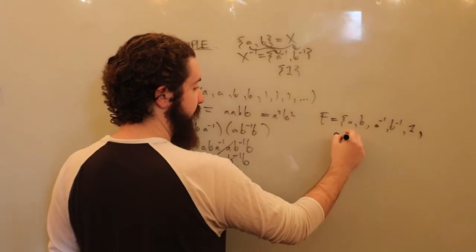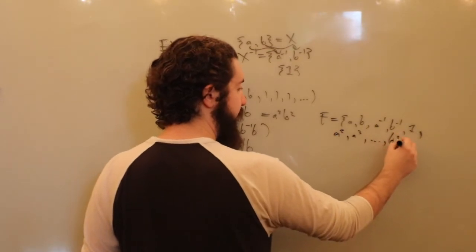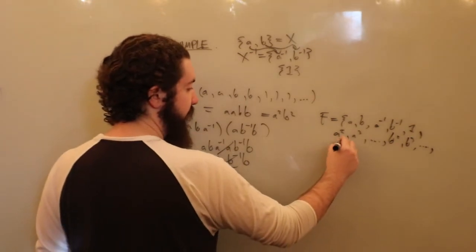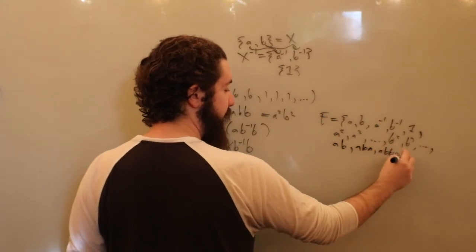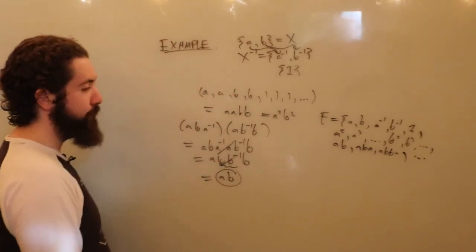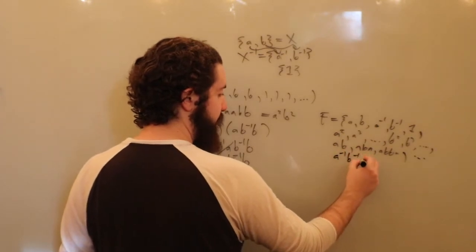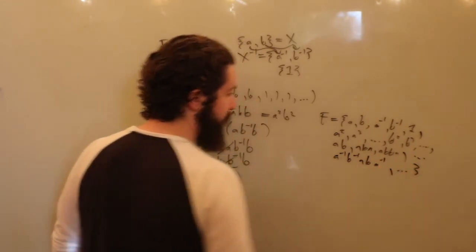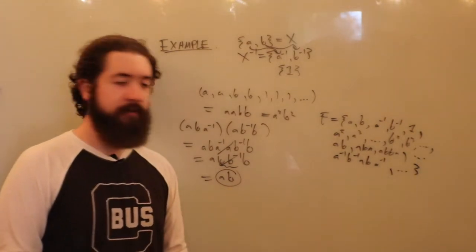But you'll also have things like A squared, A cubed, etc., and B squared, B cubed, etc. And you'll have things like AB, ABA, ABBA. You'll have everything, so just everything that's reduced. I mean, you'll have A inverse, B inverse, A, B, A inverse, and so on. Just all possible combinations such that the words fit the definition of a reduced word.